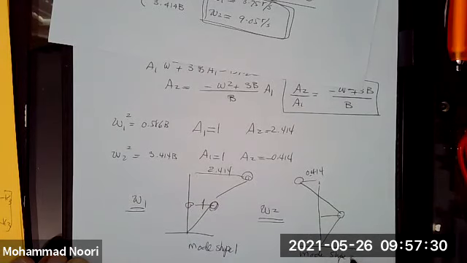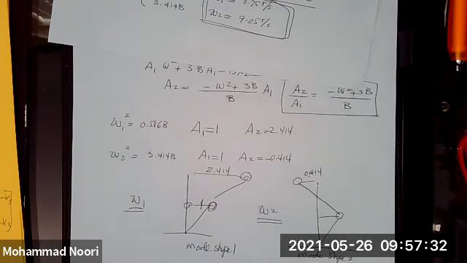This is mode shape 2, corresponding to the second natural frequency. Any questions? We will see later on how you can actually find the solution to this problem, especially in the case of forced vibration. How do you find the physical displacements U1 and U2?